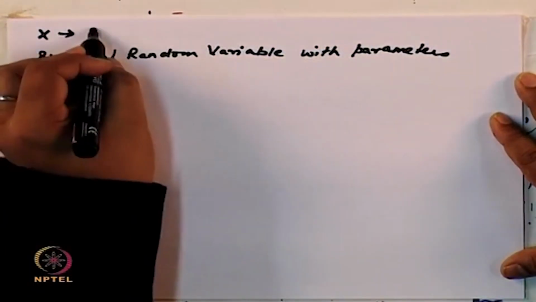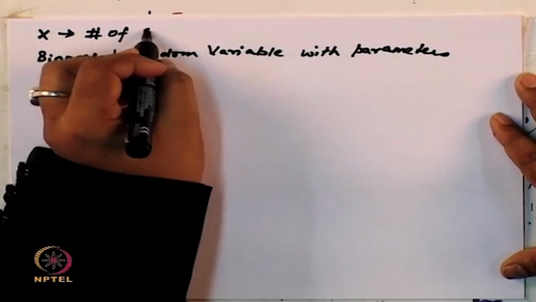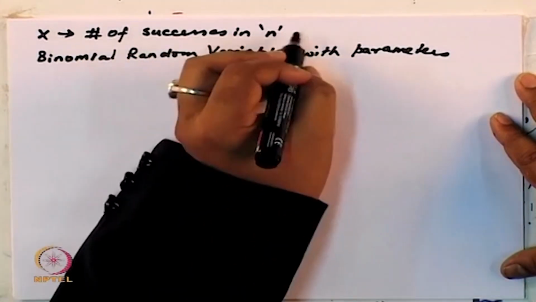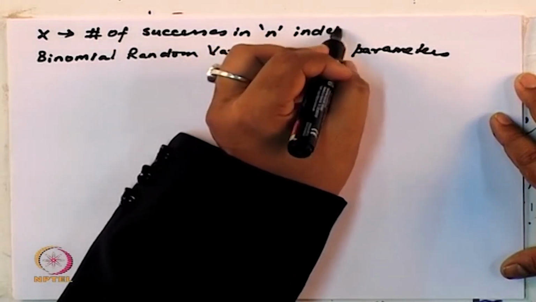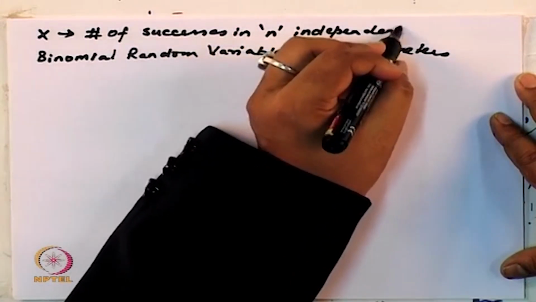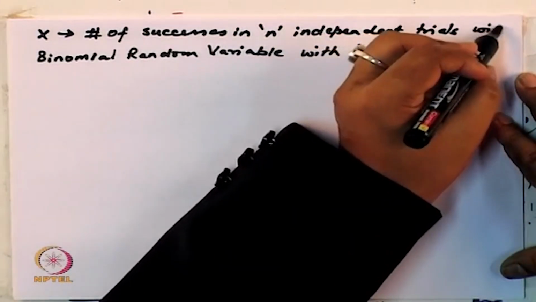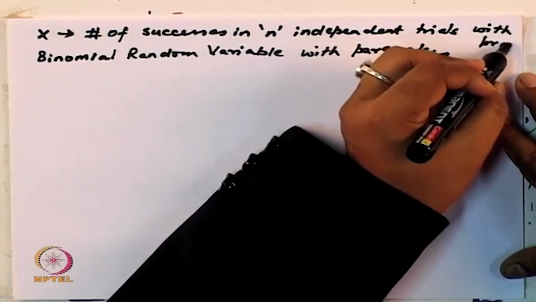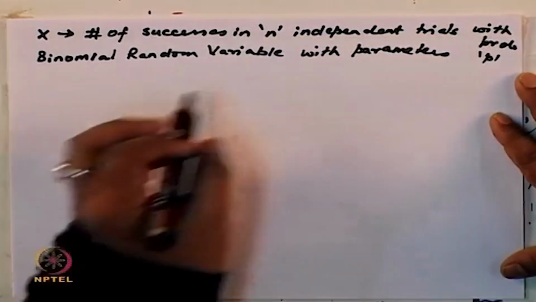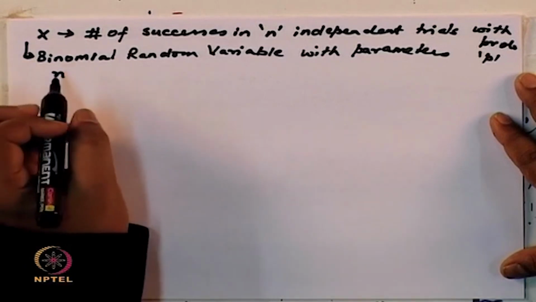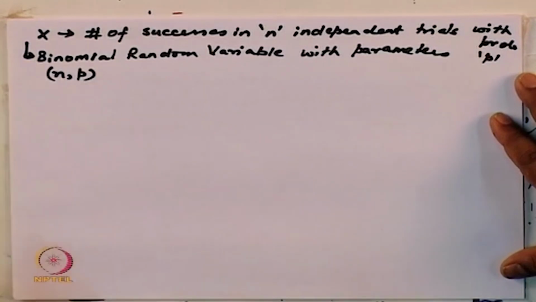So X measures the number of successes in n independent trials, with probability p. So X is called a binomial random variable with parameters n comma p.